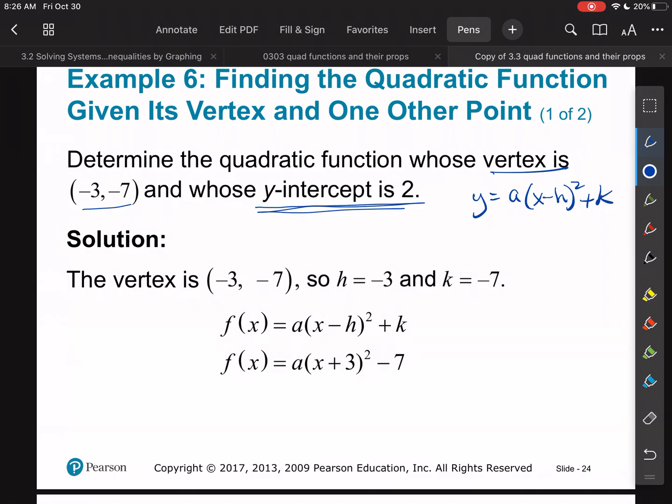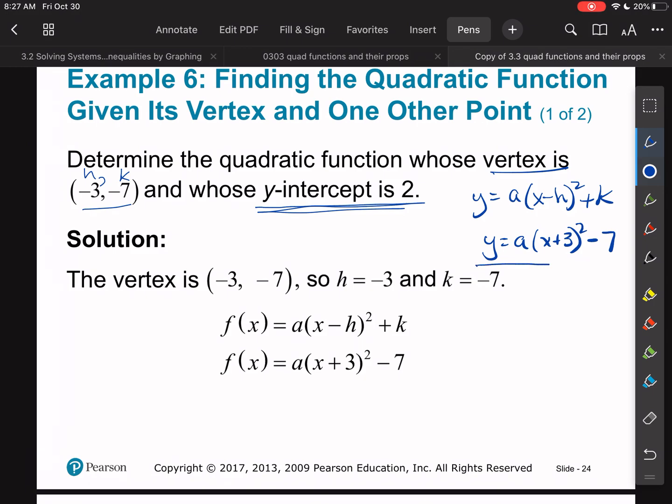So I'm going to plug in the vertex now for h comma k. This vertex is h comma k. So y is equal to a times (x minus h), which would be (x plus 3) squared, and then k is -7, so minus 7.